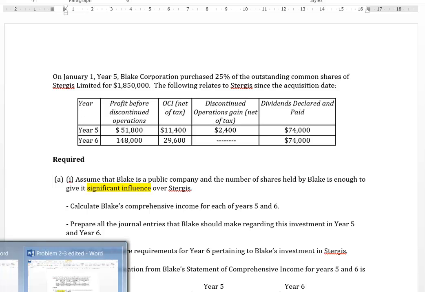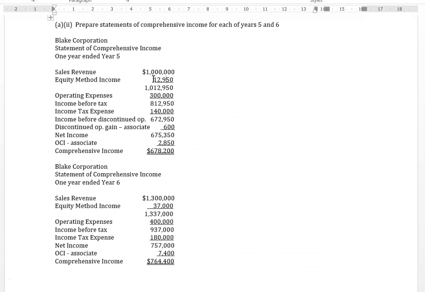So we're showing that just underneath the revenue because that's operating revenue or operating income, right? So we're going to get a total of our total revenue of $1,012,950.